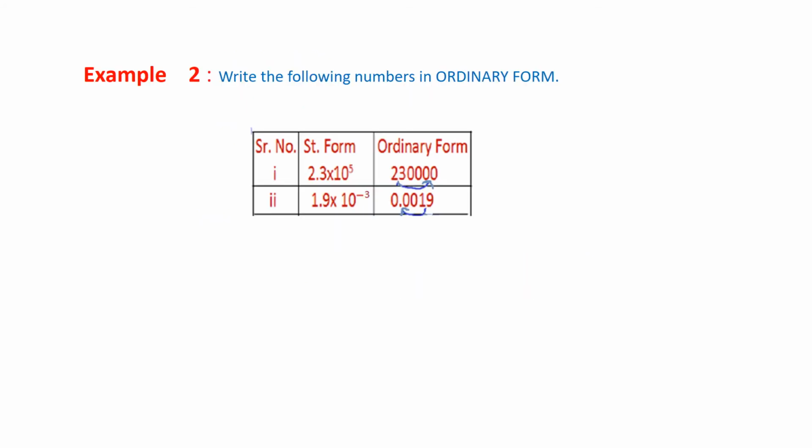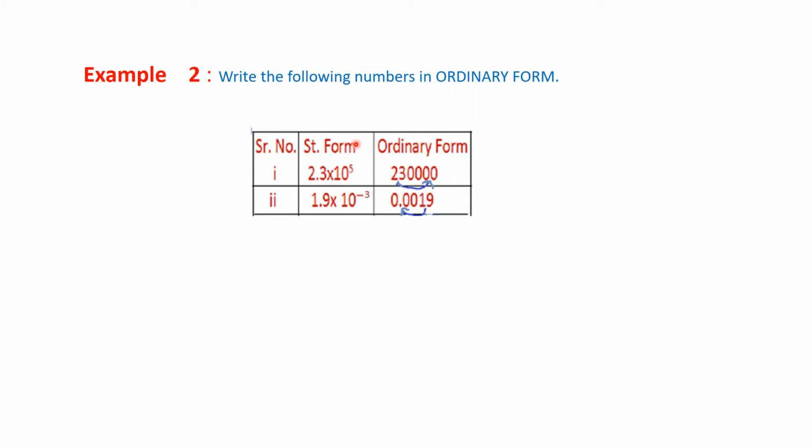Example 2. Write the following numbers in ordinary form. This is the reverse or converse process of writing numbers in standard form. We are given a number 2.3 into 10 raised power 5. Again we should remind ourselves, when do we write 10 power 5?